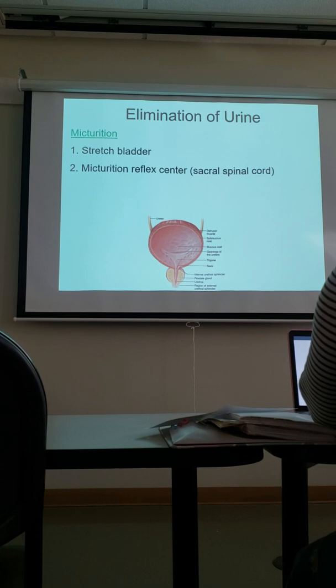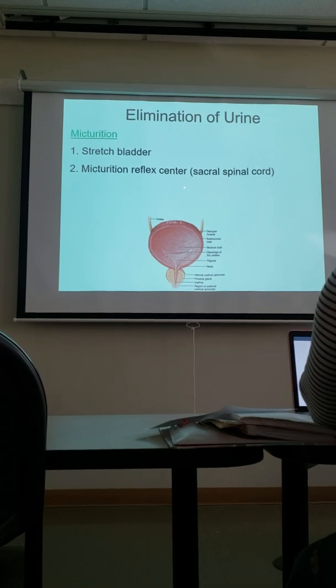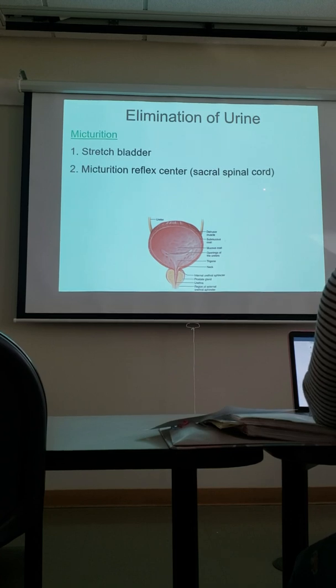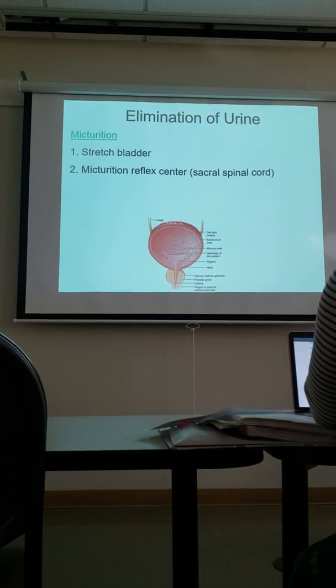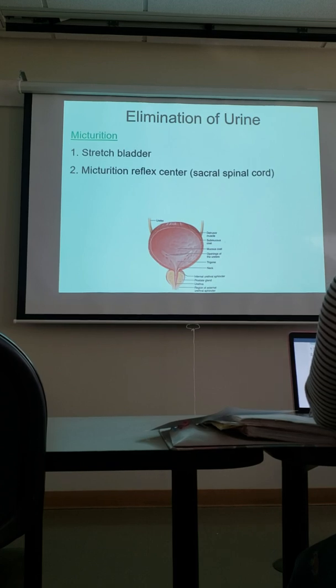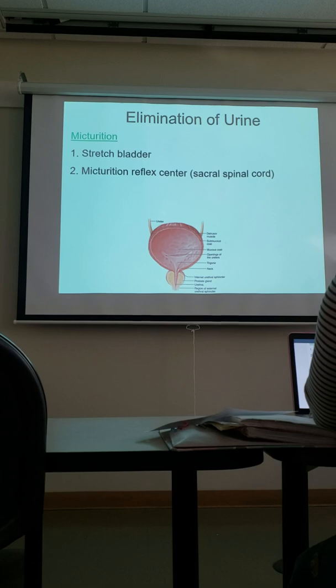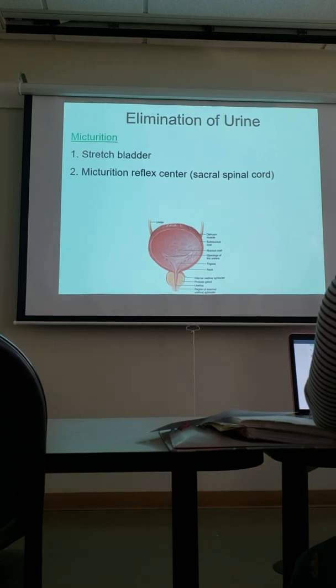What happens is, once your bladder is stretched, it sends a signal out to the micturition reflex center. That's just located in your sacral spinal cord. What level is sacral? High, low? The most inferior part, right? Your sacral spinal cord is the last segment of your spinal cord, right about level with your bladder.